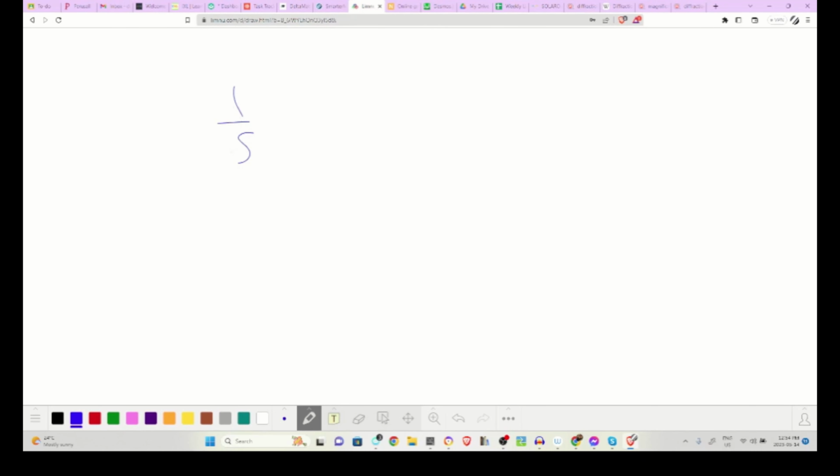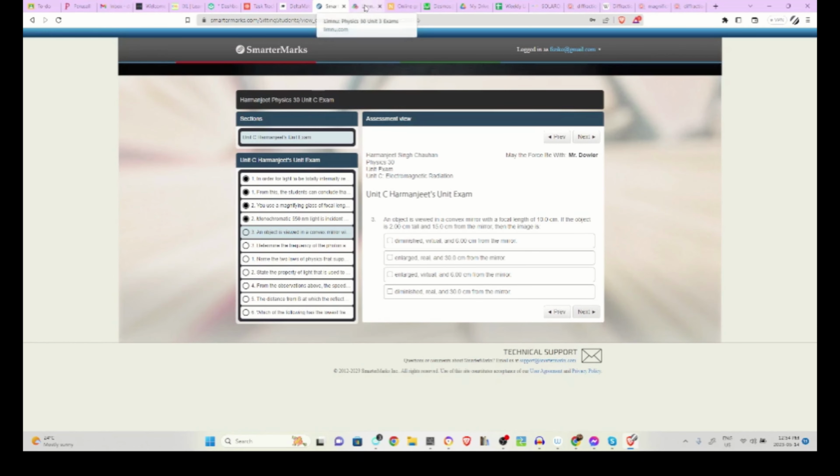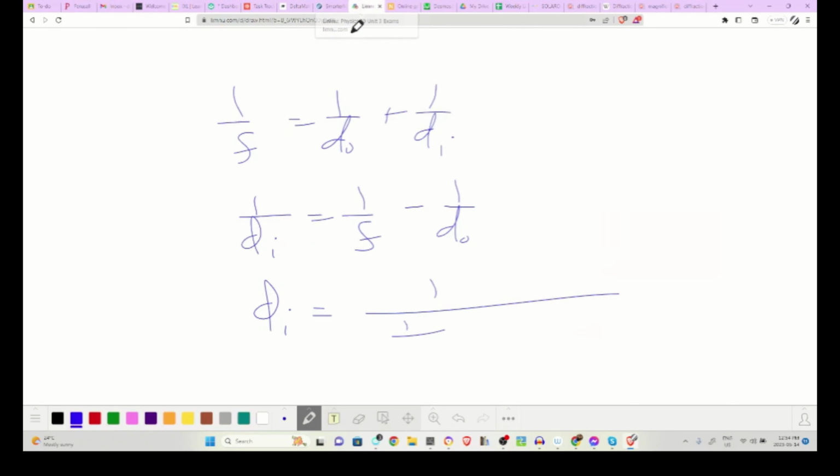So 1 over f is 1 over do plus 1 over di. So the distance to the image is 1 over f minus 1 over do. Our focal length is 10 centimeters.